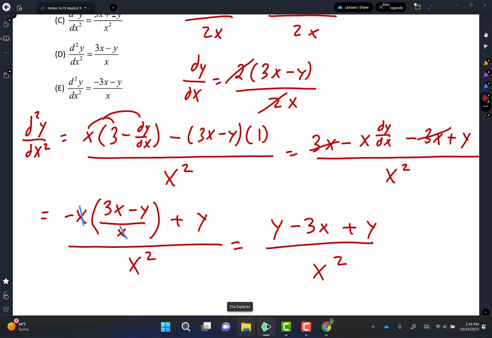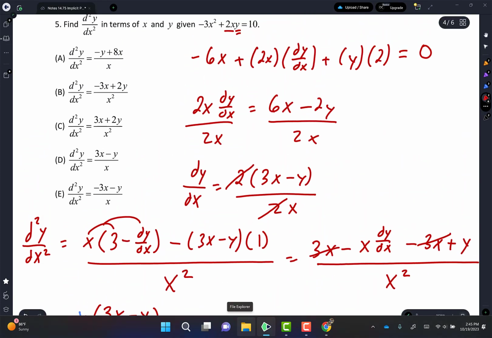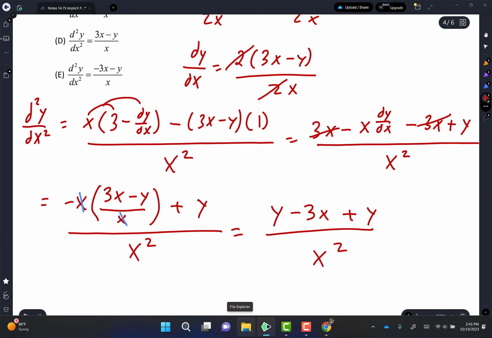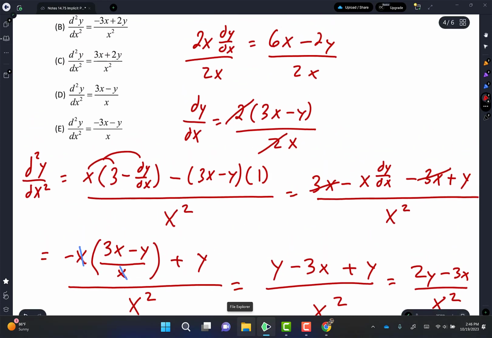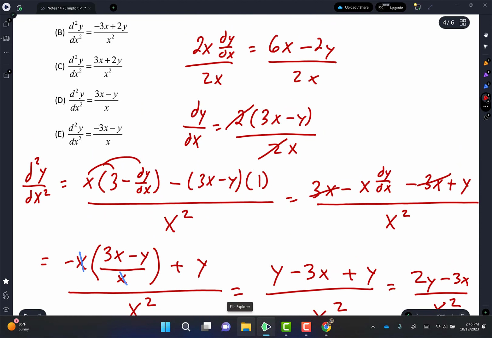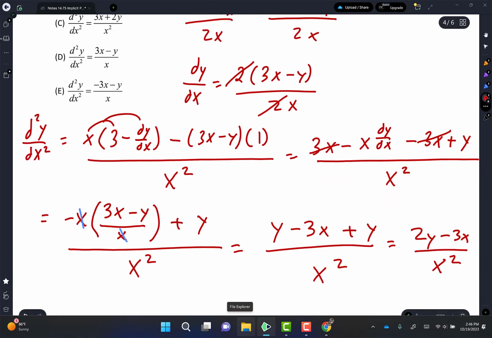Are we okay so far? All right, if we didn't make any mistake, I see those y's adding up: 2y minus 3x over x squared. Do we have that as an answer choice? 2y minus 3x over x squared. Perfect.